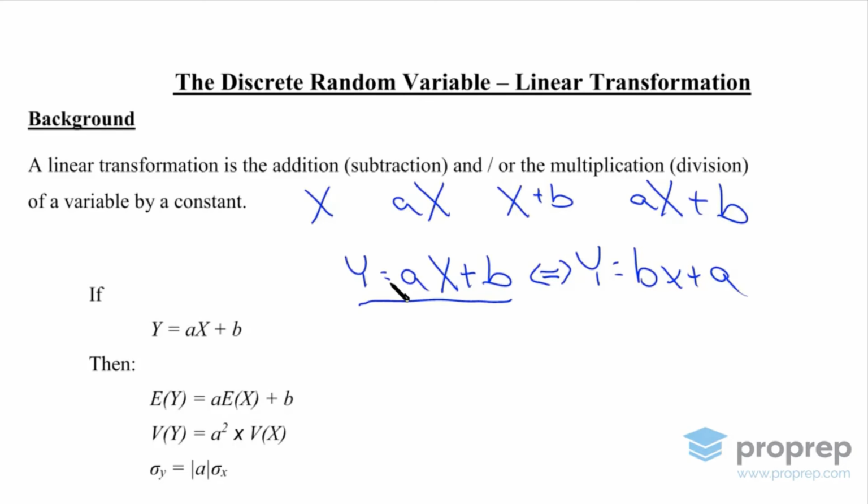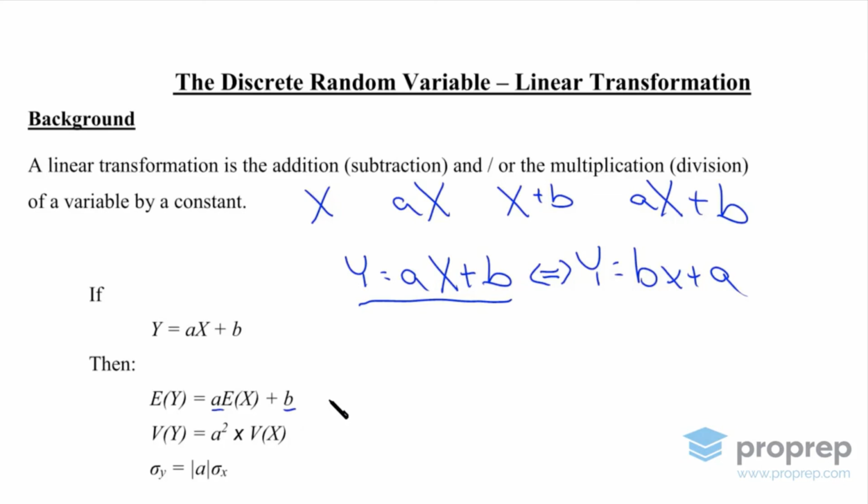Okay, so here are the rules. The expectation of y equals a times the expectation of x plus b. This a is the same a as before, and b is the same b as before. So the expectation of y is a times the expectation of x plus b.